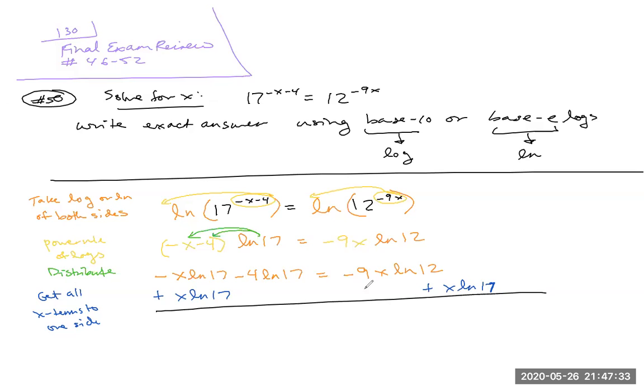Now I have negative 4 ln 17 equals x ln 17 minus 9x ln 12. You could have flipped this order. Remember, you can put negative 9x ln 12 plus x ln 17.